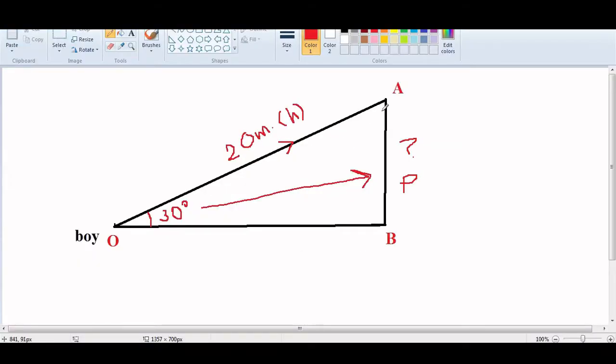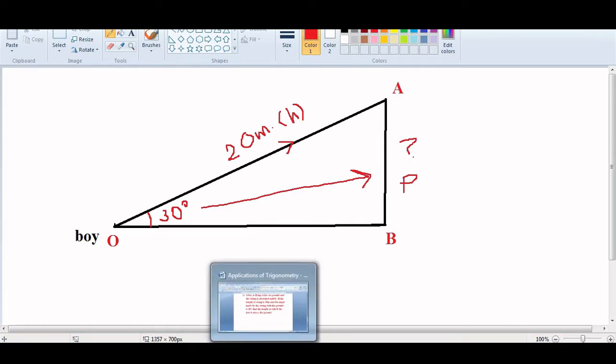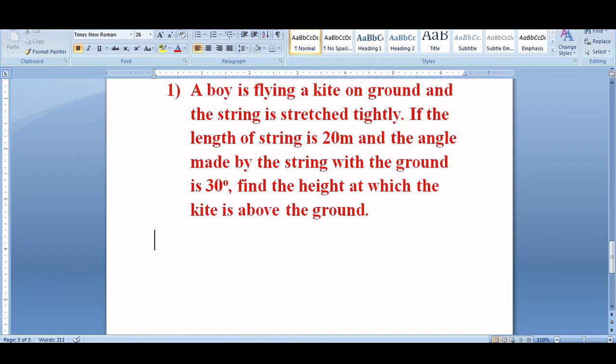First we have to say that OA is the length of the string and AB is the height at which the kite is flying.